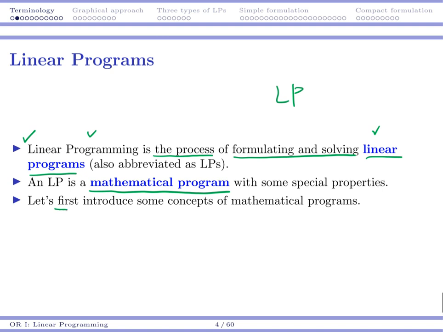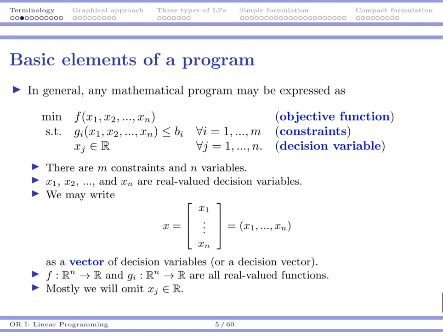So let's first introduce some concepts of mathematical programs before we narrow down to linear programs. Each mathematical program is composed of three basic elements: the objective function, the constraints, and the so-called decision variables.